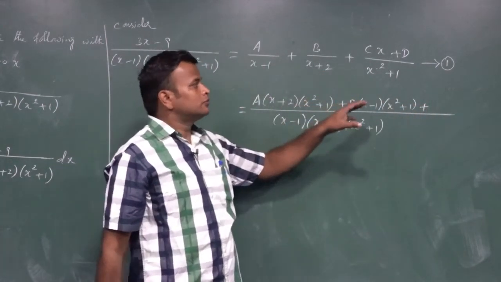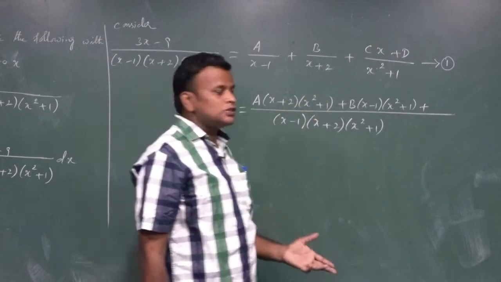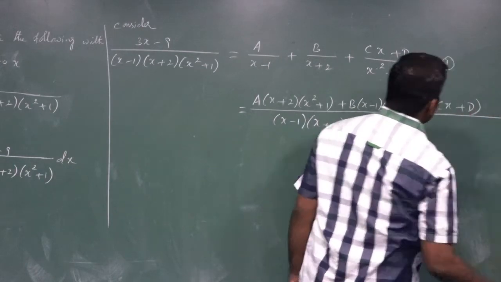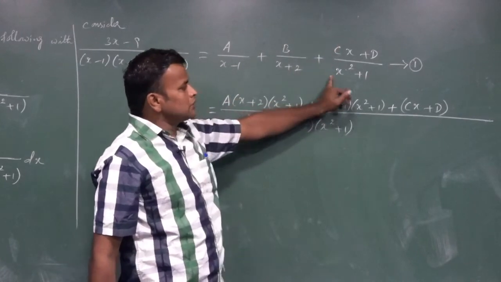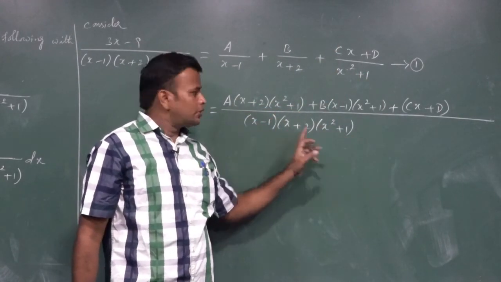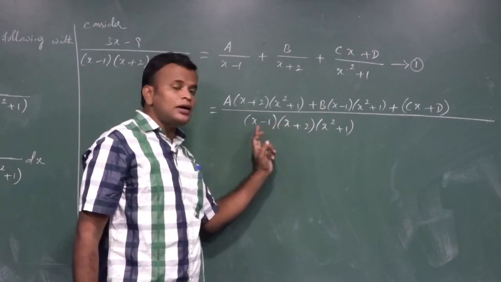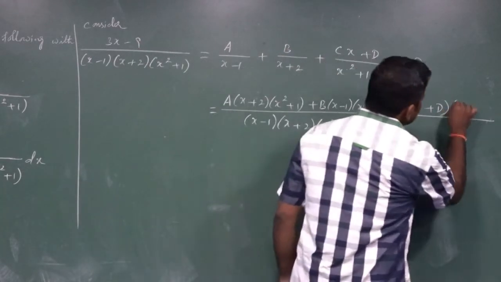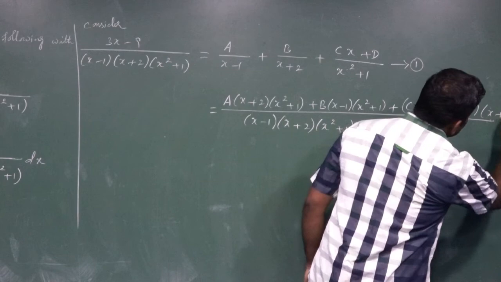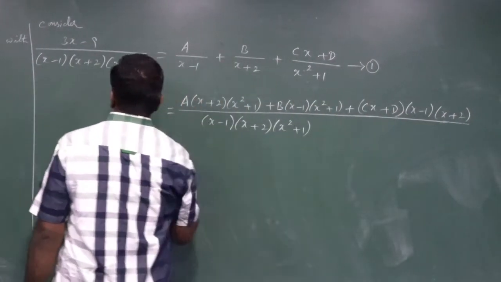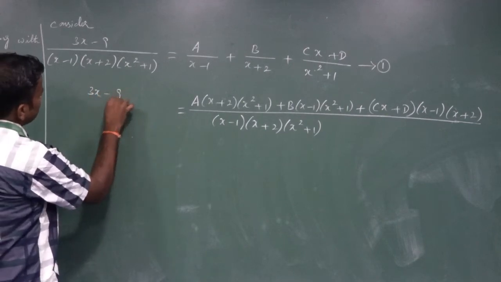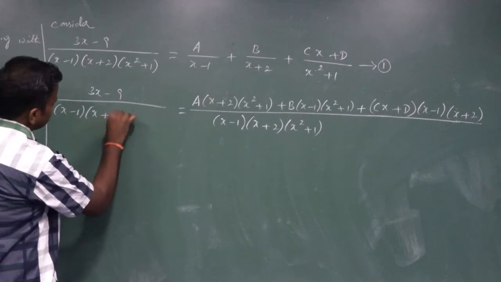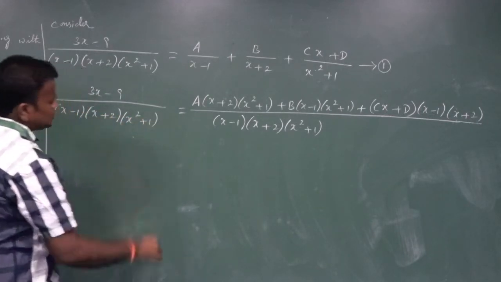In the third term, the numerator is cx plus d. The denominator is x square plus 1, which is already in our LCM. These two factors are missing, so the missing factors are multiplied with the numerator: cx plus d of (x minus 1) into (x plus 2). In the LHS, no change: 3x minus 9 whole divided by (x minus 1)(x plus 2)(x square plus 1).